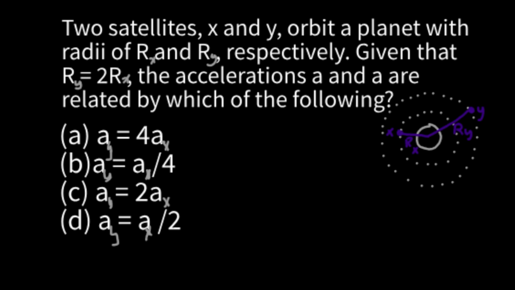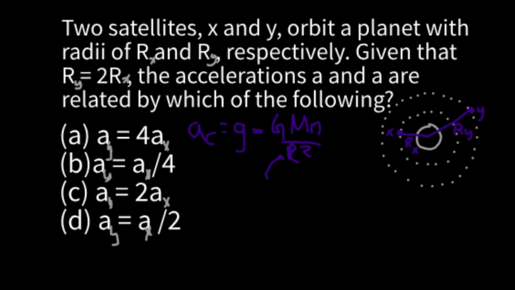So we can write that centripetal acceleration is due to gravity, which is related by our gravitational constant times the mass of the planet times the mass of the satellite divided by the radius of orbit squared. And that radius squared is the key relationship to solving this problem.